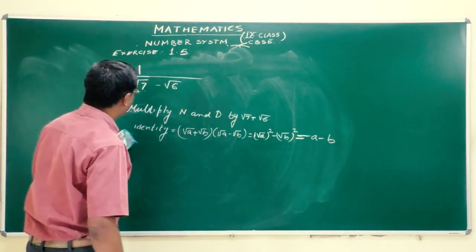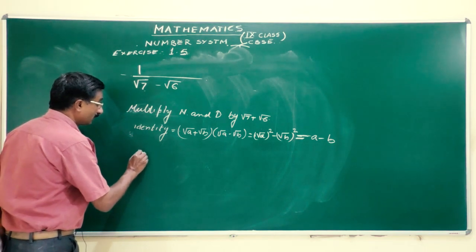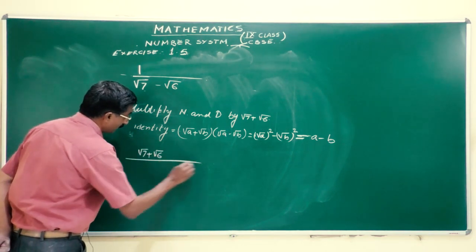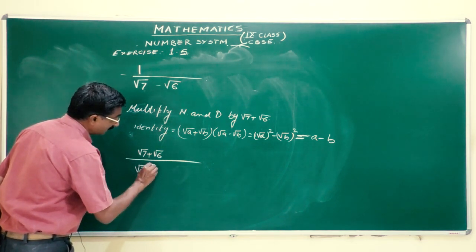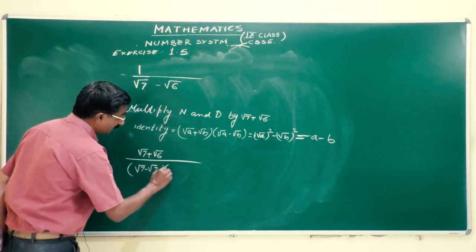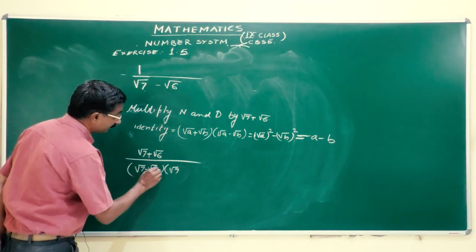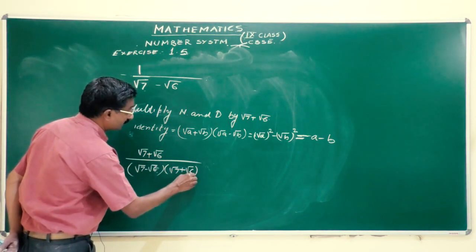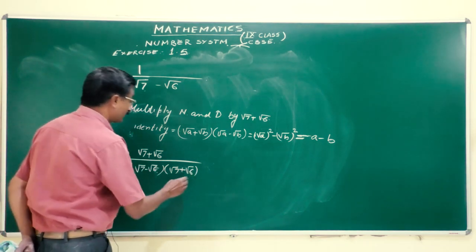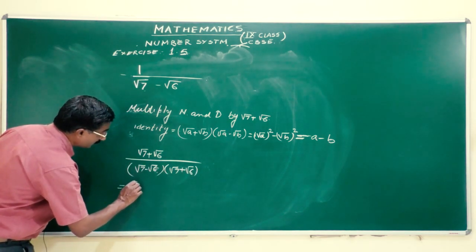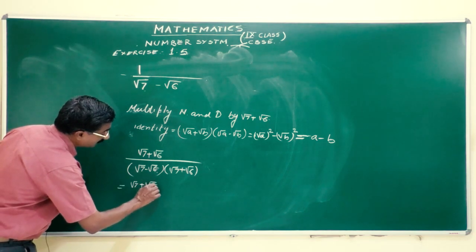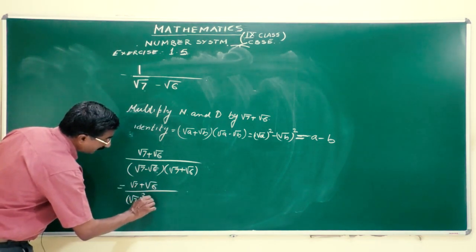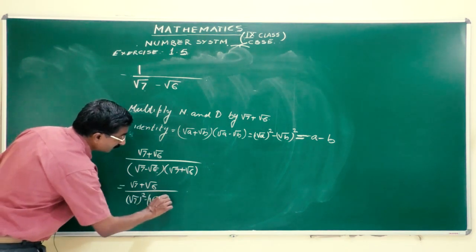Clear. So now under root 7 plus under root 6 upon under root 7 minus under root 6 into under root 7 plus under root 6. So this is equal to under root 7 plus under root 6 upon under root 7 square minus under root 6 square.